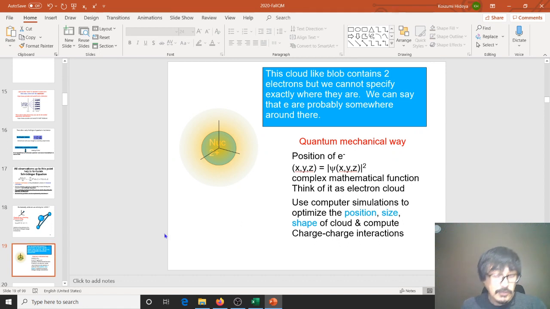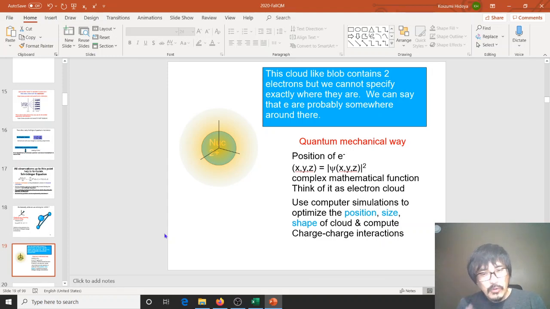Instead, you are going to use the Schrodinger equation, and this part is really important, so I want you to memorize it. The solution to the Schrodinger equation is called the orbital. Technically speaking it is different, but that's okay.